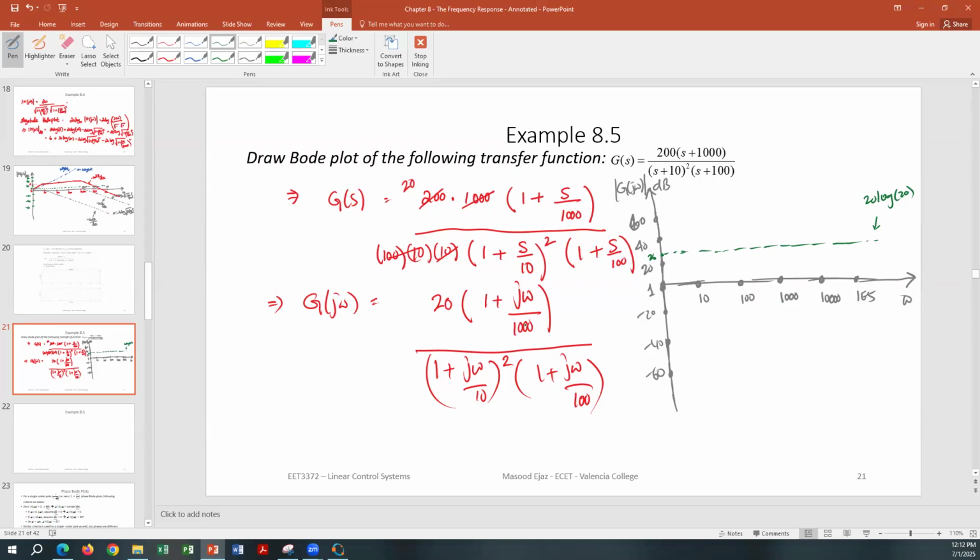Okay, this is going to go until 1000. It's going to be 0 until 1000. And then, I can use another marker, it's going to increase by 20 decibel per decade. So at 10,000, it's going to be 20. At 100,000, it's going to be 40, something like that.